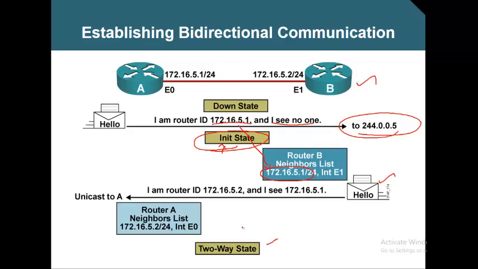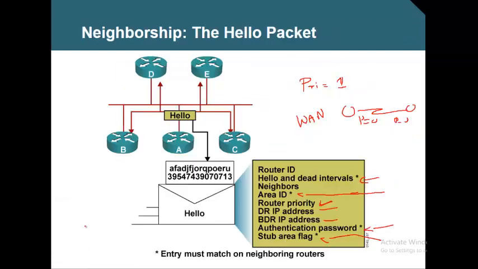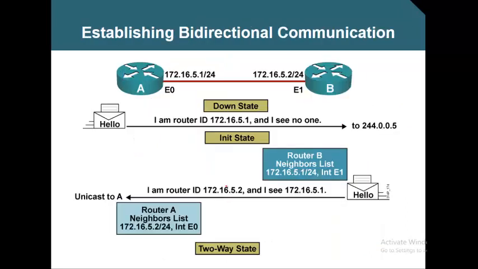So when router B sends its hello, in the hello there will be a neighbor list. In the hello, they also explain who their neighbors are. B is sending the hello packet in which the neighbor list is sent. In the neighbor list, the information of router A is already there. So router B says, hey, it's me, 5.2, and I already have a neighbor, 5.1.